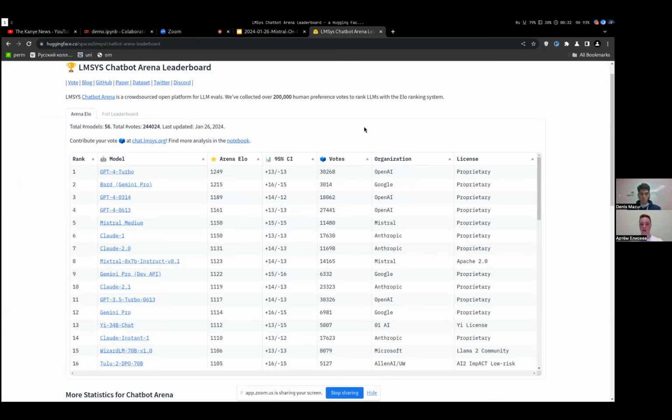You see GPT-4 is going strong, Google Bard, Mistral Medium, but Mistral Medium is not open source. Yes. Claude, also not open source. And then Mixtral, which is the model you worked on, is number 8, and this is the best open source model. And you showed how everybody can run it on their laptop or desktop, with reasonable requirements, which is great. I think this is very useful, and many people can take advantage of your work.